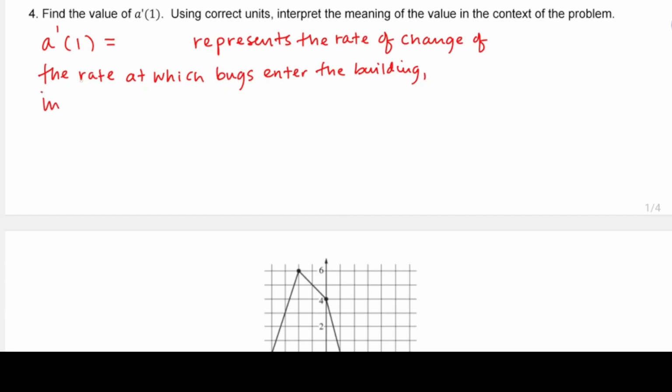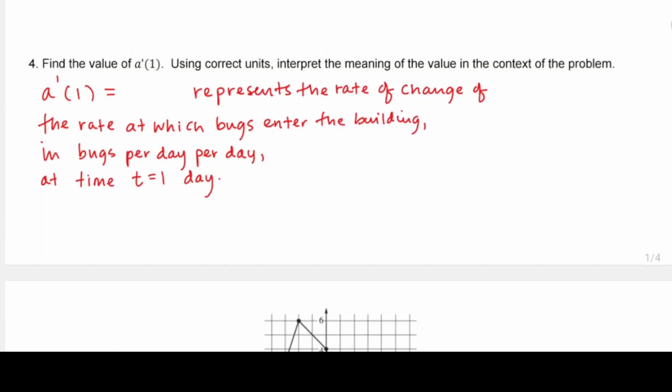A was measured in bugs per day, so it'd be bugs per day divided by the units of time, so that'd be per day, at time t equals 1 day, right? We always need to have kind of the meaning. We need to be sure to include our units and be sure to include time as well, right?